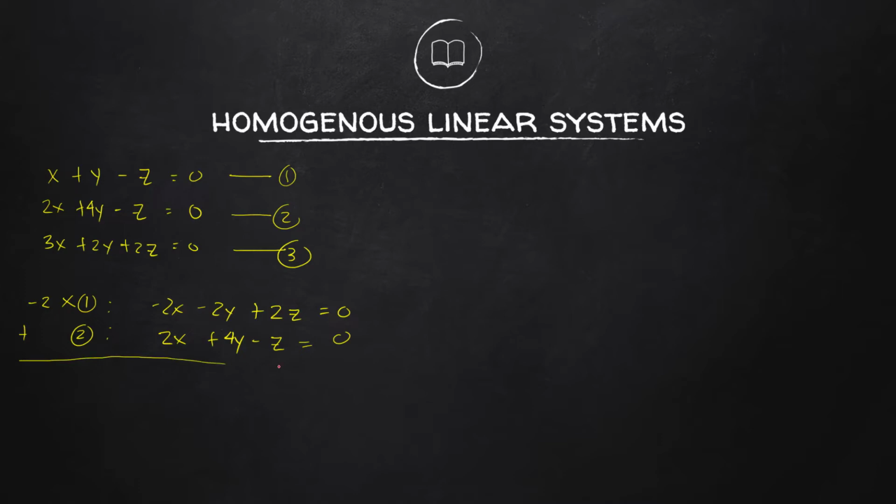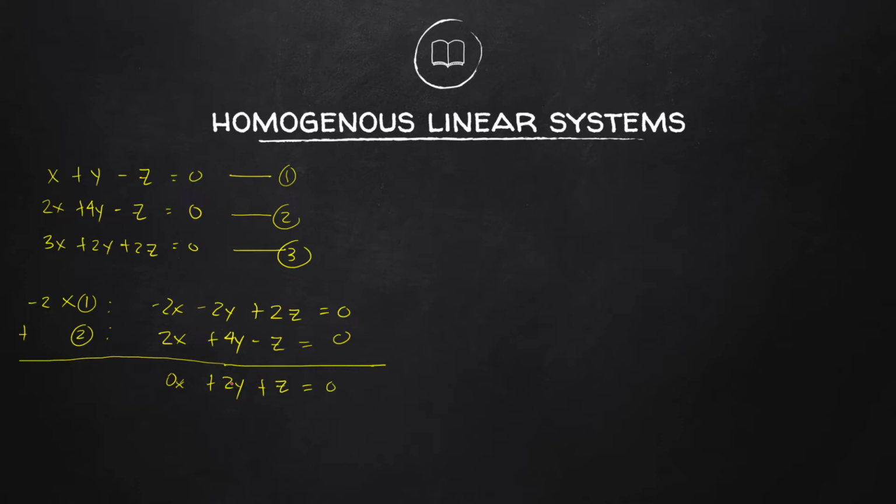If you take the sum of these two equations, we will have 0x, or that can be written as 0. This would be positive 2y plus z. This would be equal to 0.